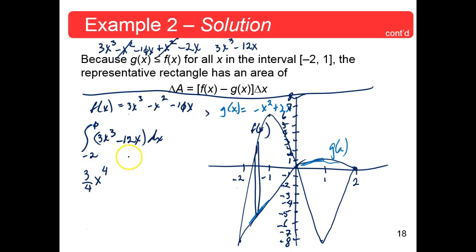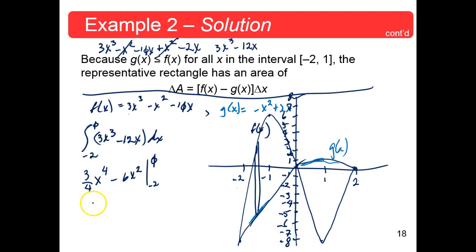Antiderivative of minus 12x: 6x squared, minus 6x squared. Evaluated from -2 to 0. The pen is really, really slow. I'll do the 0 part. Done. You do the -2 part.